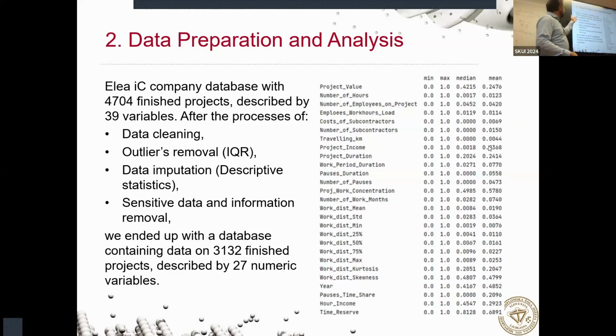Because here, maybe I didn't mention, we started with 39 variables in the database. This is a lot. So then we had to reduce this number, and then we went further on with the regression model, and this is related to the previous question.